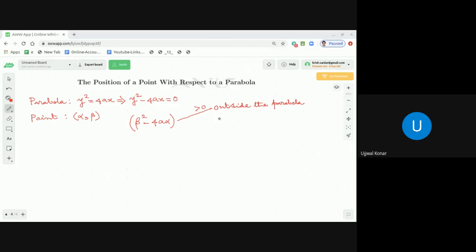If it is equal to 0, if we get the value of this expression beta square minus 4a alpha equal to 0, then what can we conclude? On the parabola. And if we get the value of beta square minus 4a alpha less than 0, then what can we say? That the point is inside the parabola.